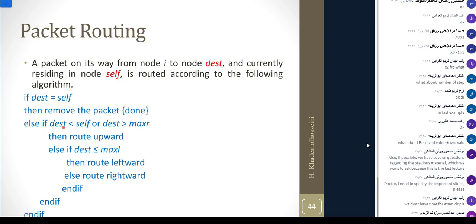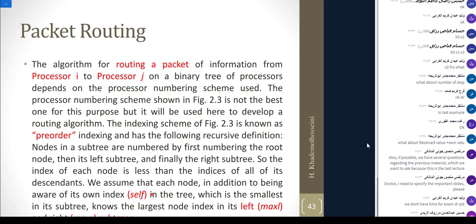Else, if dest is less than self, or dest is more than max R, what was max R? Max R was the largest node index in the right subtree.